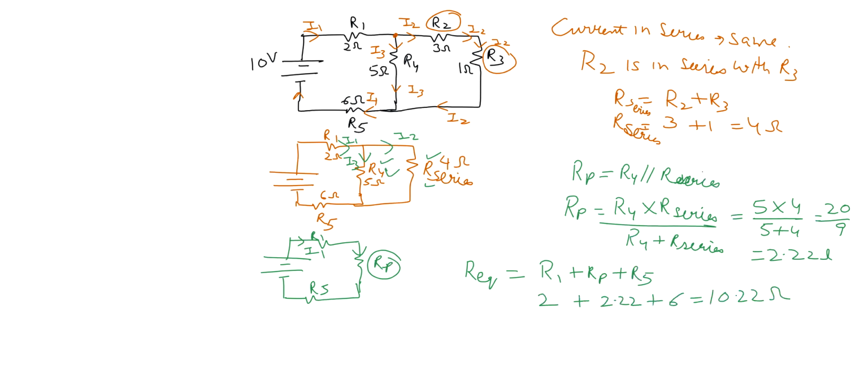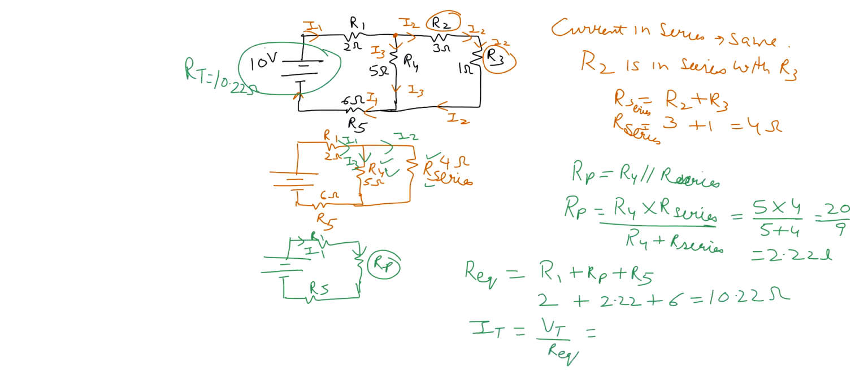So now you have the equivalent resistance. That means the total resistance that this battery is seeing is 10.22 ohm. This is total voltage. So what will be the total current? Using Ohm's law, that will be total voltage divided by total or equivalent resistance.